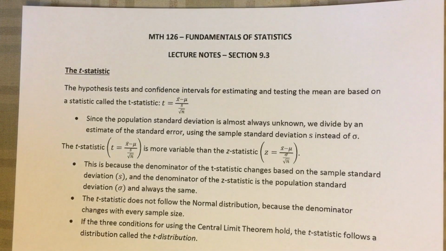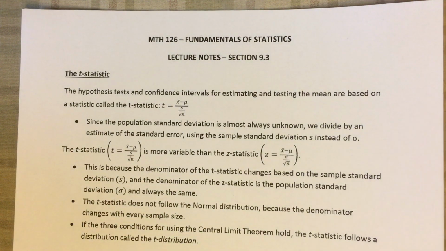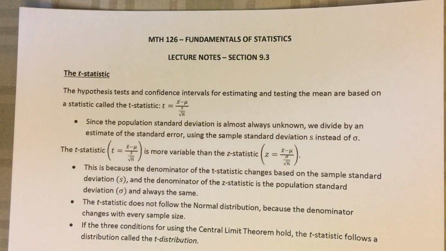Before we get too far into our process for finding our confidence intervals, we're not going to talk a lot about our t-distribution, but there are a few things to mention about our slight differences from chapter 7. Instead of using a z value, we're going to use a t value to find our confidence intervals. This entire page of notes has to do with our t interval and our t statistic.